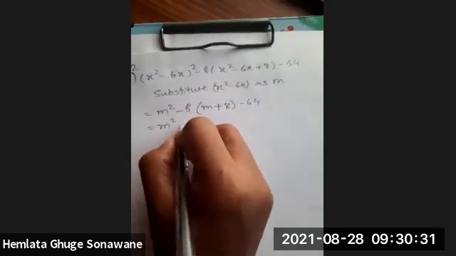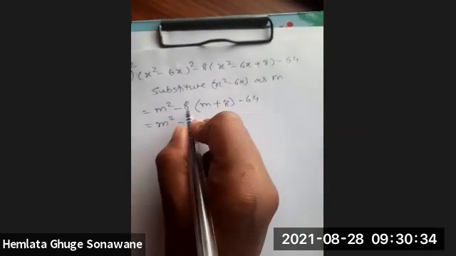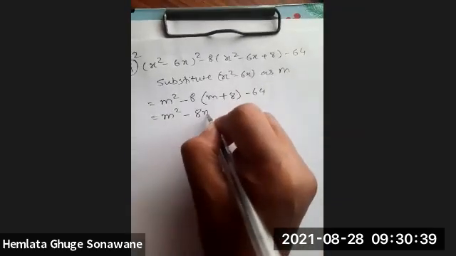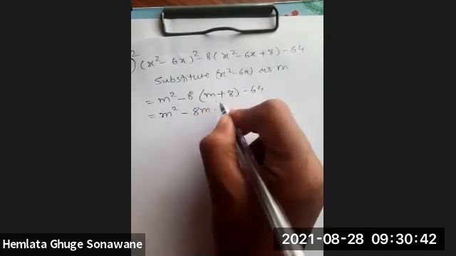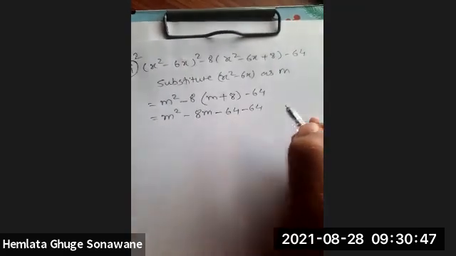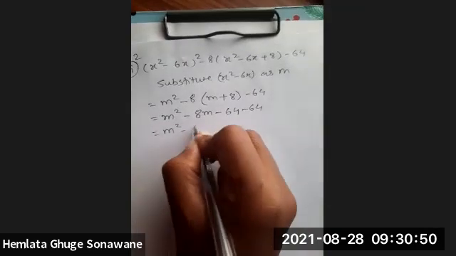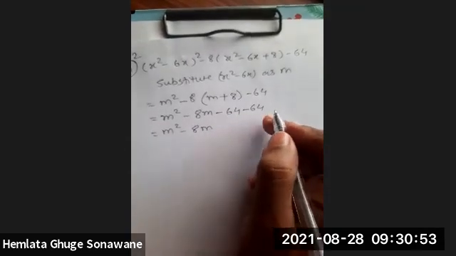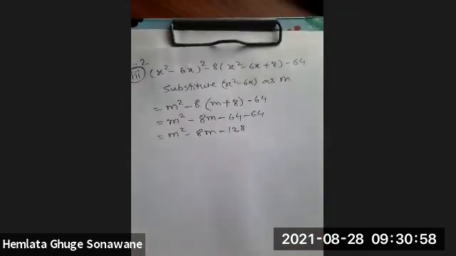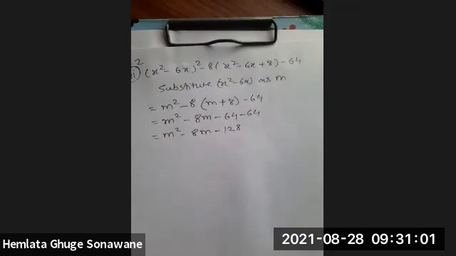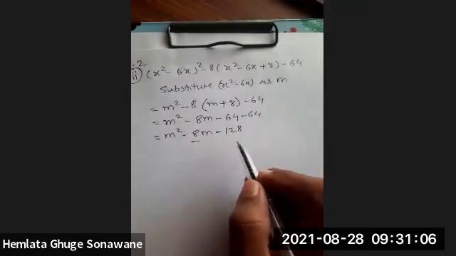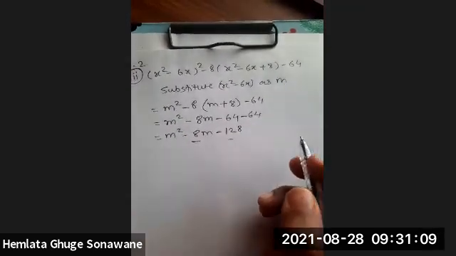m square as it is, minus, we'll multiply this bracket with 8, so it becomes 8m minus 8 plus 8 becomes minus 64, minus 64. m square minus 8m minus 64 becomes minus 128. Okay, again here we have to find two factors whose sum is minus 8 and whose product is minus 128.